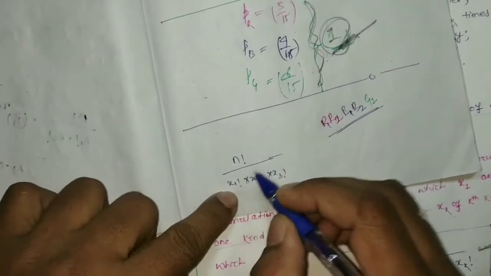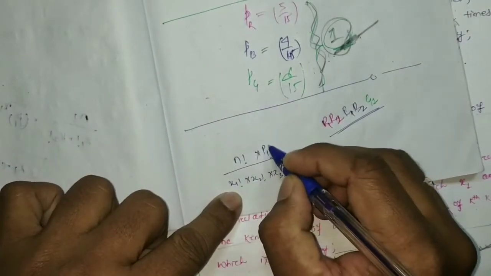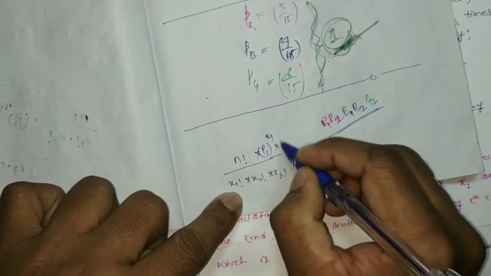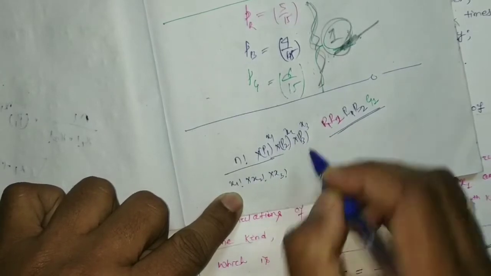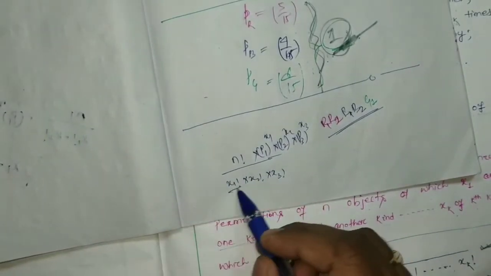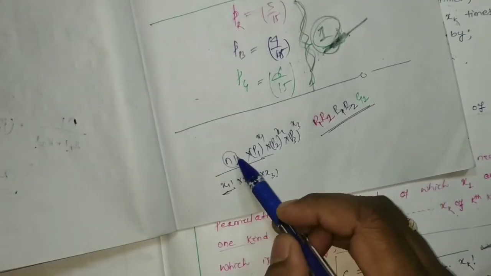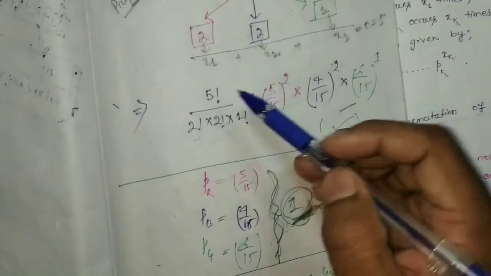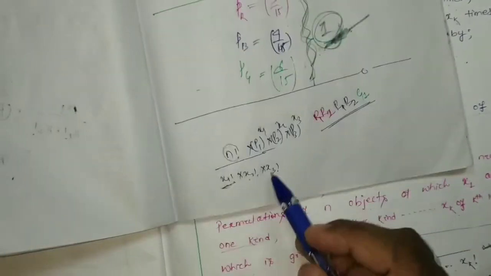So this will be n factorial by x1 factorial, and the other part will be p1 to the power x1 into p2 to the power x2 into p3 to the power x3. So n is 5, so 5 factorial by 2 factorial into 2 factorial, and x3 is nothing but 1.